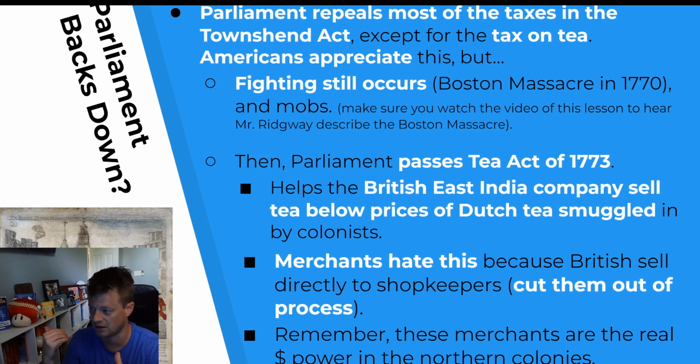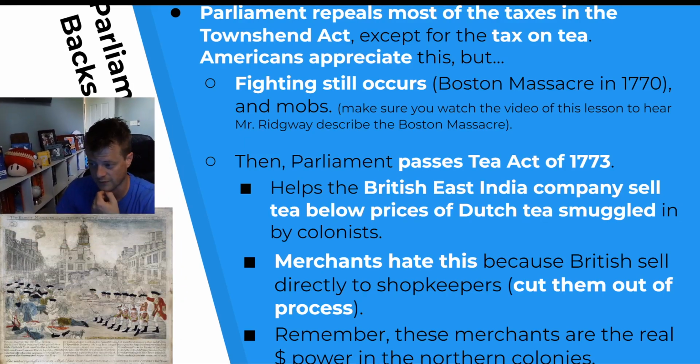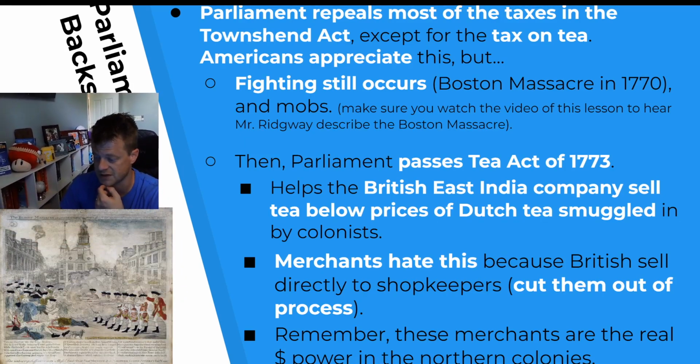There are still a lot of events going on during this 3 to 5 year period. The Boston Massacre happens in 1770. If you're not familiar with the Boston Massacre, it is not at all what Revere's engraving here shows. It's not just British soldiers mowing down innocent civilians.